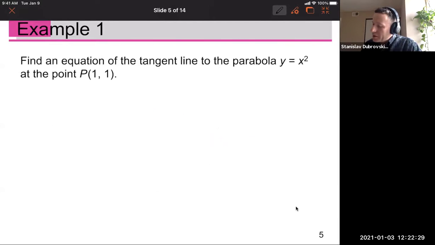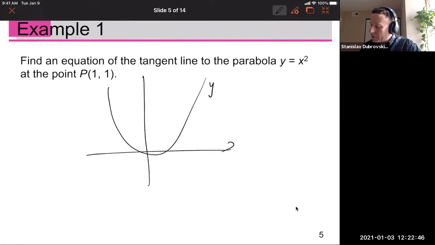Good. Nonetheless, let's try and find a practical problem. Let's try and find the tangent line to a given simple curve, a parabola, a curve like this, y equals x squared. Familiar precalculus curve, the parabola. And let's be specific about it.